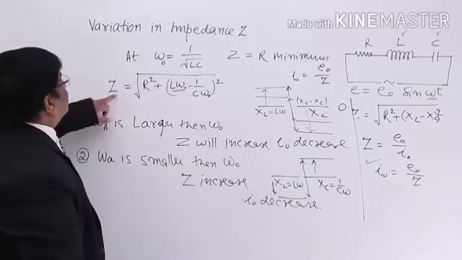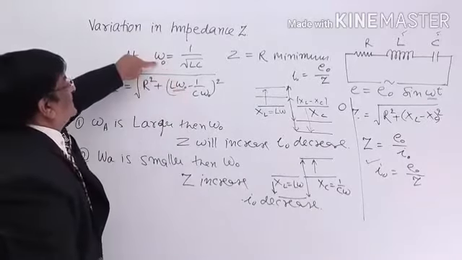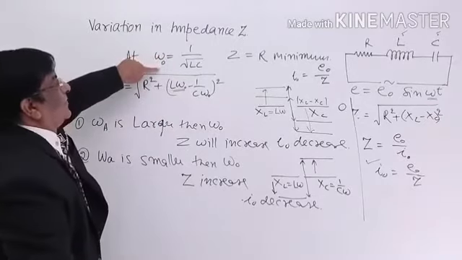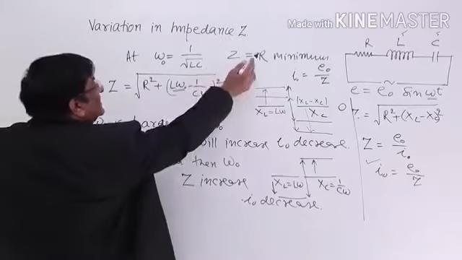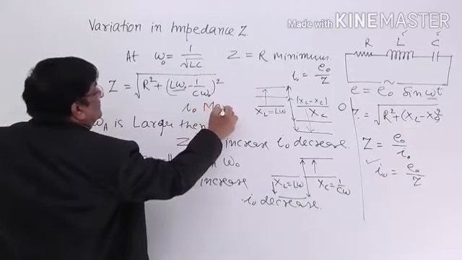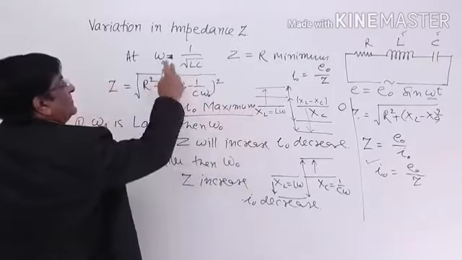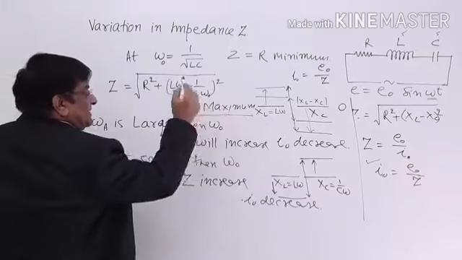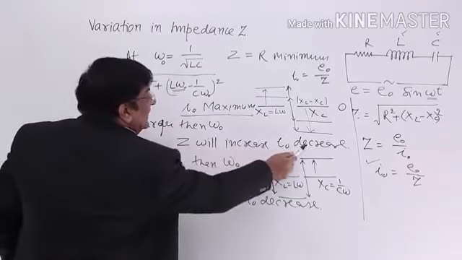Now there is a very simple thumb rule. If a circuit has a frequency which is the natural frequency, then Z is minimum, and when Z is minimum, then current is maximum. When there is natural frequency, current is maximum. If frequency is larger than natural, current decreases.